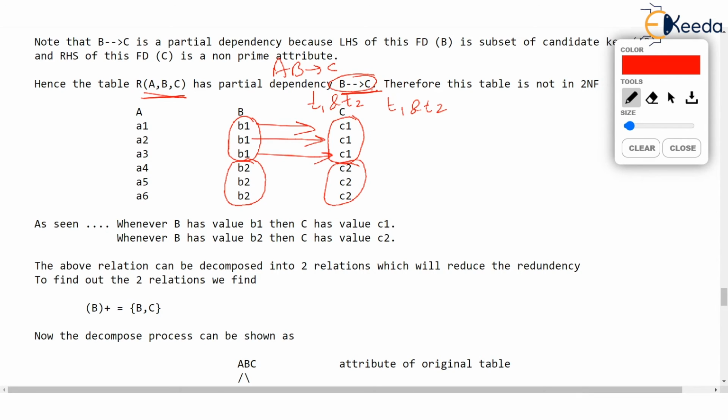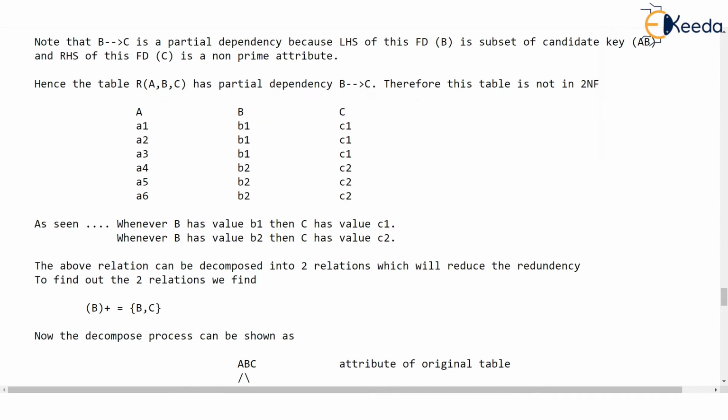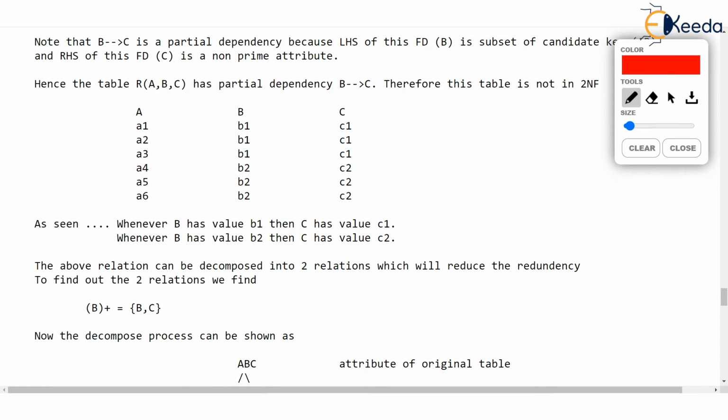This is too bad. Suppose B was the name of a town and C was the name of a state. If I say that B1 is Mumbai, actually city, I'm so sorry, it's okay.